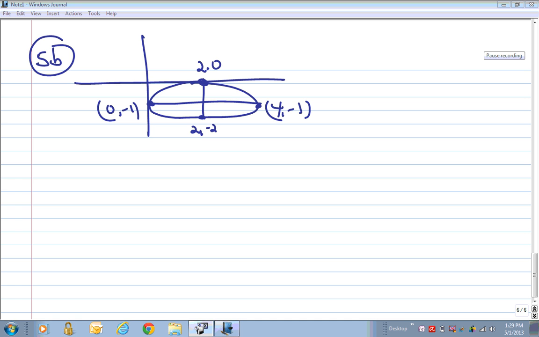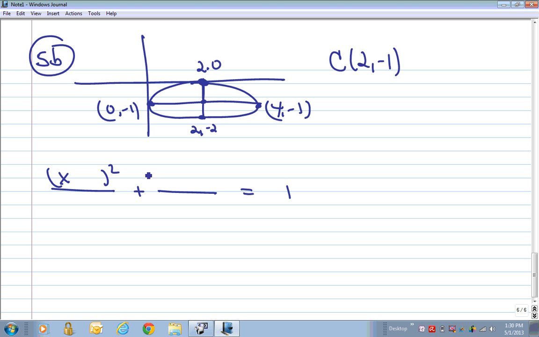Here's our ellipse picture, and this is the center, which is at 2, -1. So I'm going to write that down. Center's at 2, -1. Remember, for our equation we have a fraction plus a fraction equal to 1, with x something squared, y something squared.